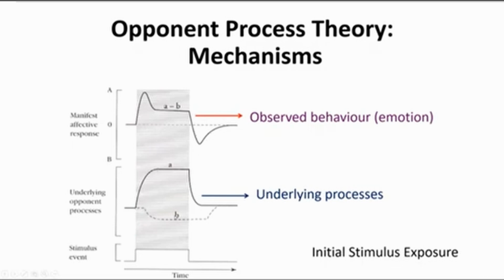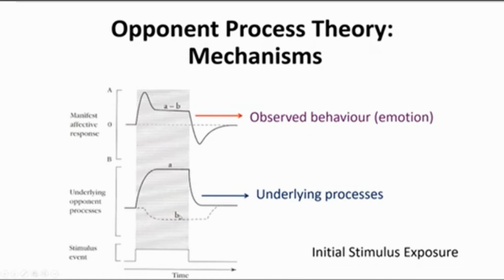Then we can see our B process, which is triggered by this A process, so it starts just a little bit later. You can see there's a flat line here where the B process doesn't kick in right away, but it kicks in later on, and it's going to go in the opposite direction. And you'll notice that the A process ends when the stimulus ends. So our A process starts and ends when the stimulus starts and ends.